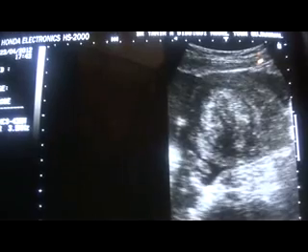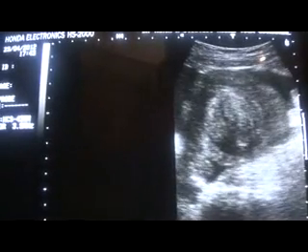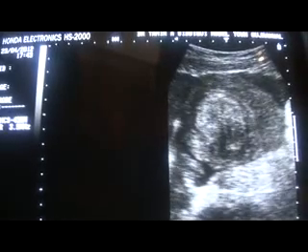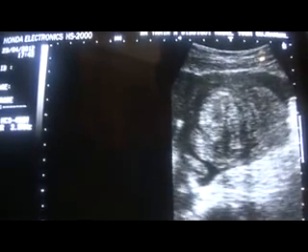Definitely a large uterus, no doubt about that, with a solid focal mass lesion elevating the endometrial canal.